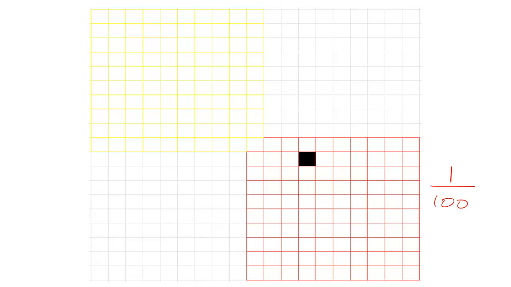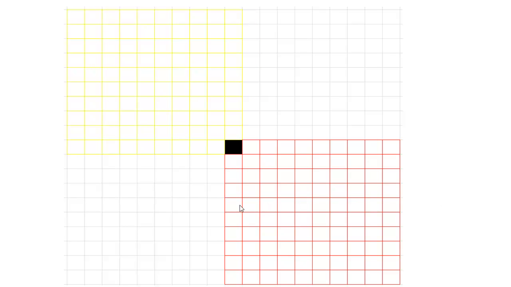Now what we want to do next is select a specific yellow rectangle, which is the only rectangle we're interested in, and then select a specific red rectangle and we will be interested in the same one. So once again, selecting a yellow one has a probability of 1/100, and selecting this red one has a probability of 1/100 as well.